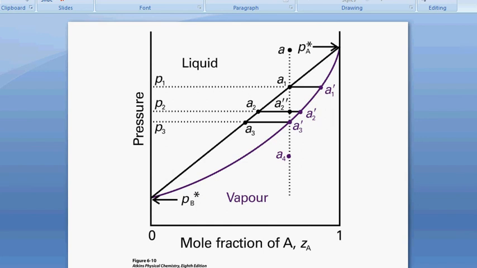Some amount will stay in the liquid phase, some amount will go to the vapor phase. Finally, when I have reduced the pressure so that everything has converted to the vapor phase, then I have just pure vapor with the same composition as I started with in the liquid phase. Right? How many degrees of freedom do I have here in the liquid phase?